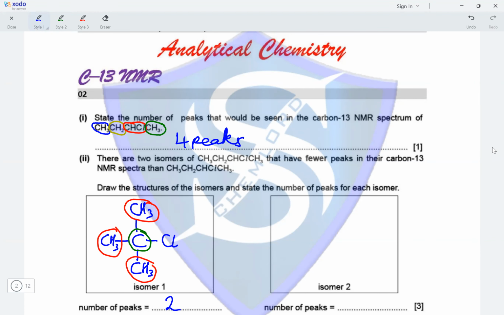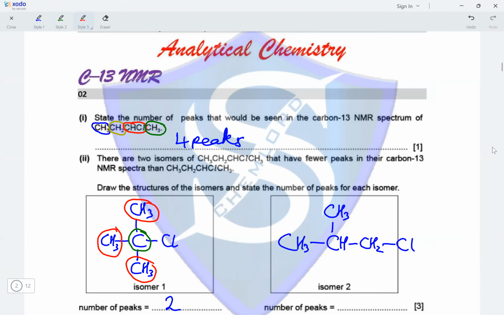Now, we can remove one of the CH3 groups from the central carbon and place it between the central carbon and the Cl in order to increase the number of peaks from 2 to 3, but still have a lesser number of peaks than 4. So this would be CH3 attached to carbon attached to a CH3. Now this carbon would have a CH on it attached to CH2 and then finally Cl.